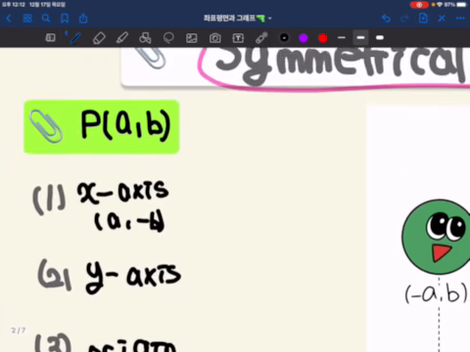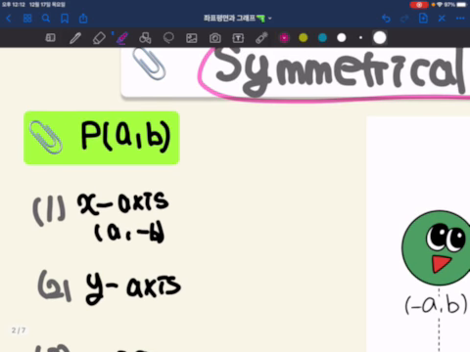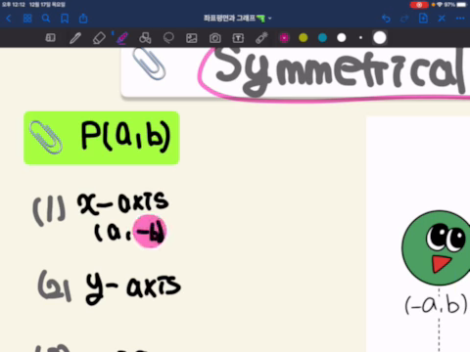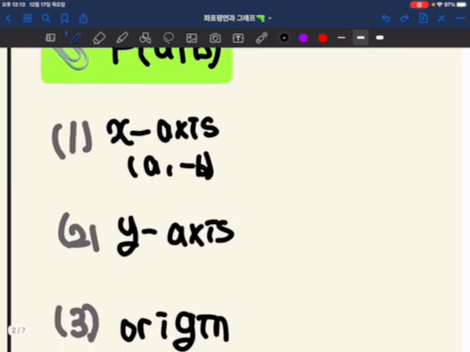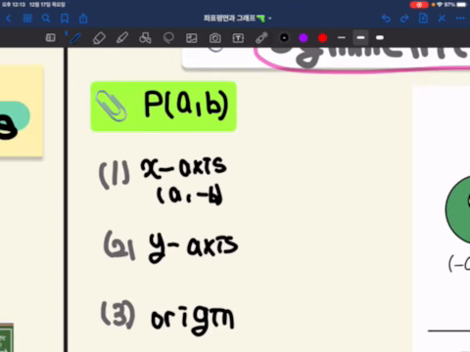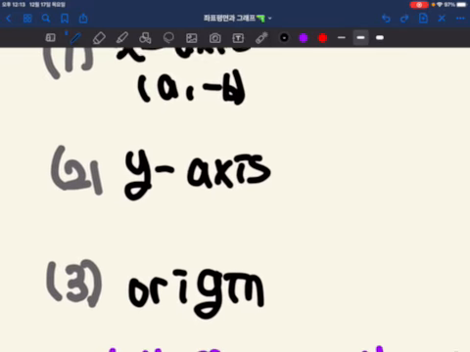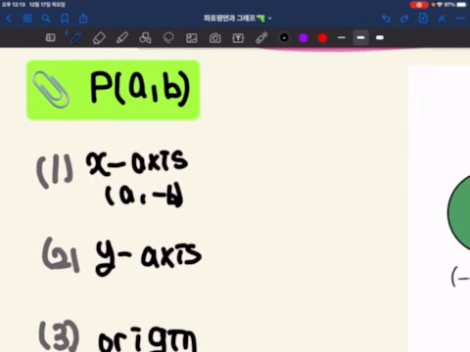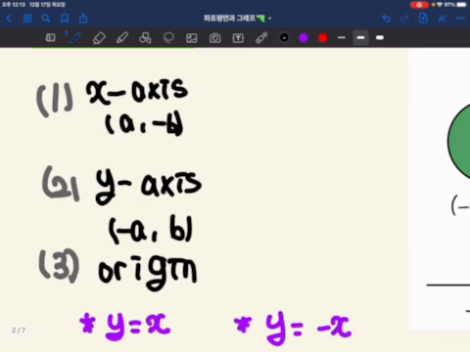So we can solve this problem more quickly, knowing that the y coordinate has exactly the opposite sign, because plus becomes minus. And that which corresponds to the y-axis becomes minus a and b. And when it becomes reflected through the origin, it becomes minus a, minus b.